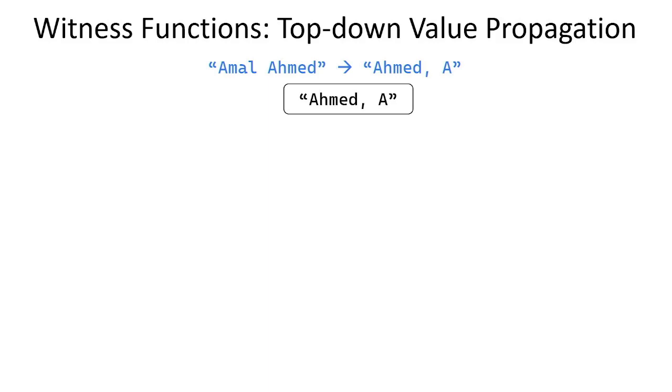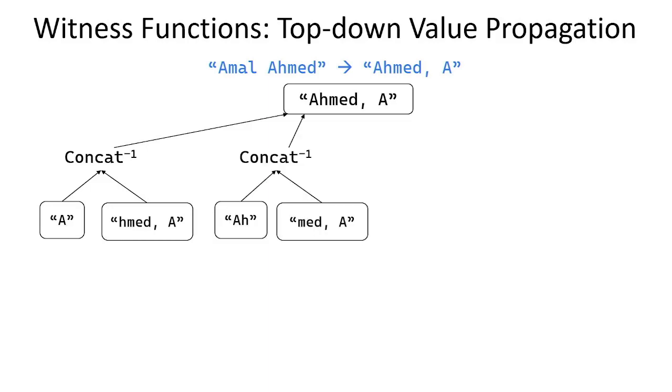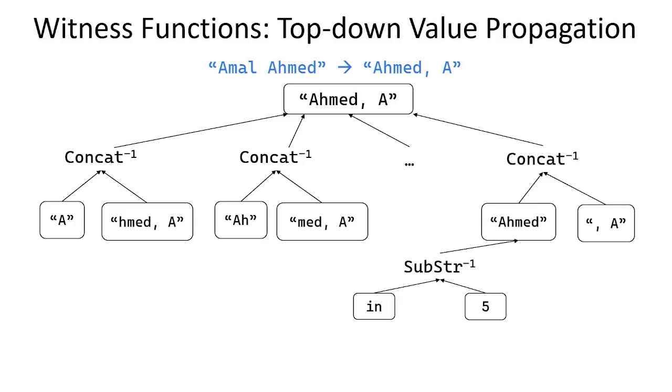You start with the output, and for each function in the DSL, you ask, what are the input values that can give me this output? Here I can get this output by concatenating A and the rest of the string, or by AH and the rest of the string, and so on.